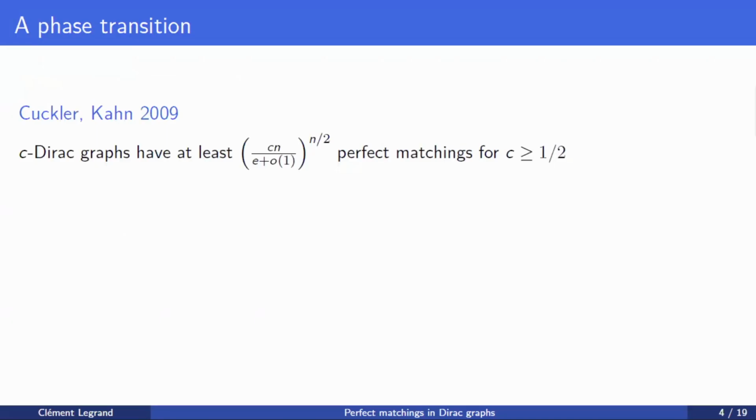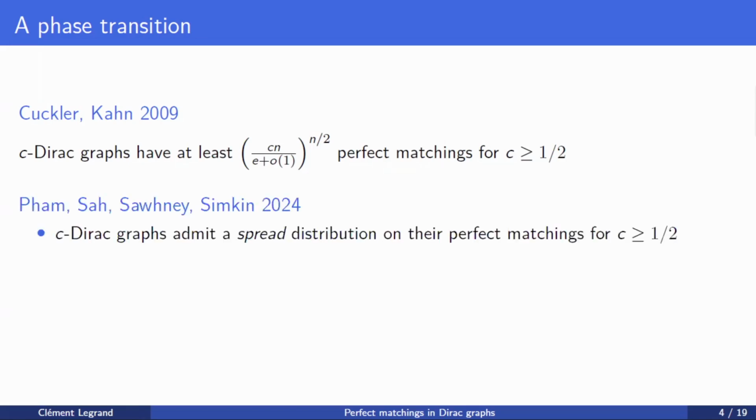Above this threshold of n/2, the number of perfect matchings becomes enormous all of a sudden. You go from potentially 0 perfect matchings to a huge amount of them, something like minimum degree over e to the power n/2. So that's a phase transition in terms of the number of perfect matchings.